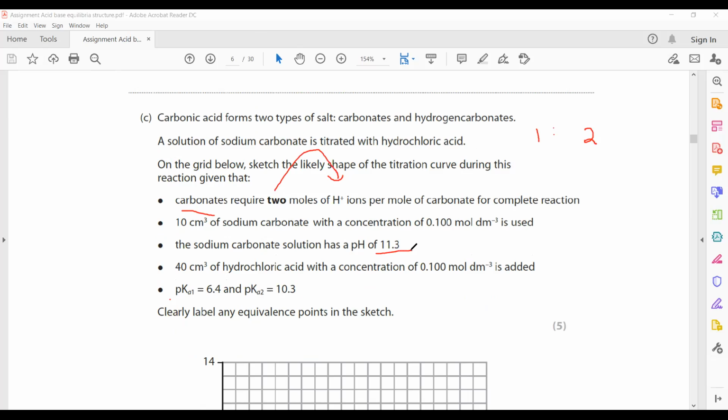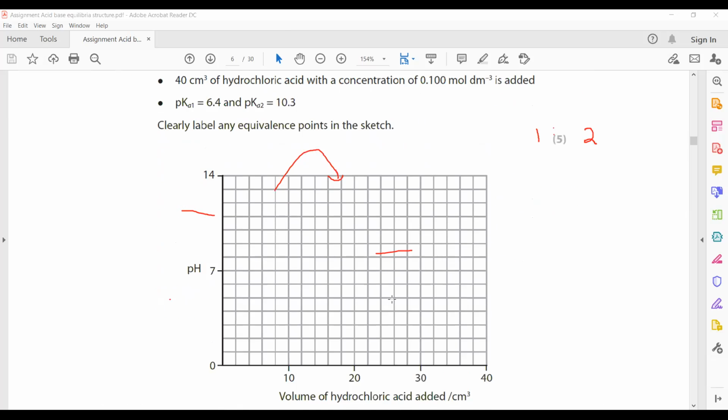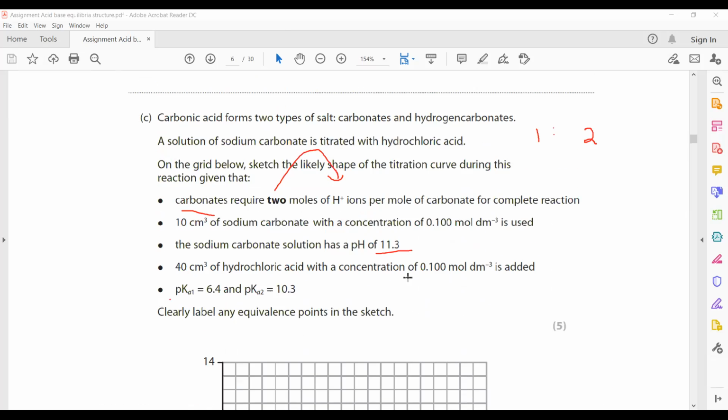Sodium carbonate is an alkaline solution. And this is the total volume of the acid which is added. So first we should start with, and this pKa1 is given as 6.4 and pKa2 is given as 10.3.